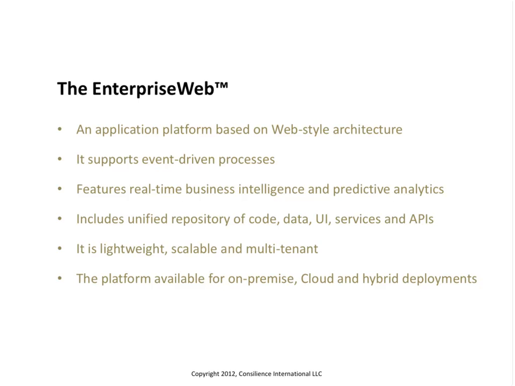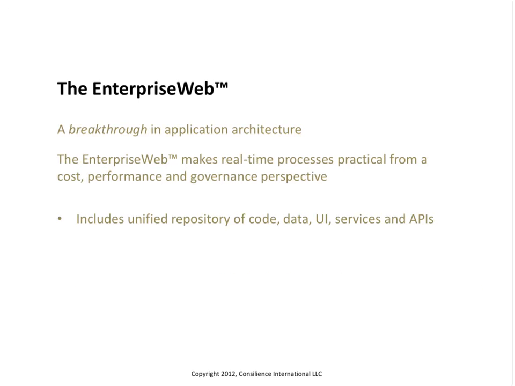Since we use a web-style architecture, it's very lightweight and scalable. It's also multi-tenant. And the platform can be deployed in a variety of formats: on-premise, cloud, and hybrid. To summarize, we really are a breakthrough in application architecture, and that might be a little bit of hubris for me to say.